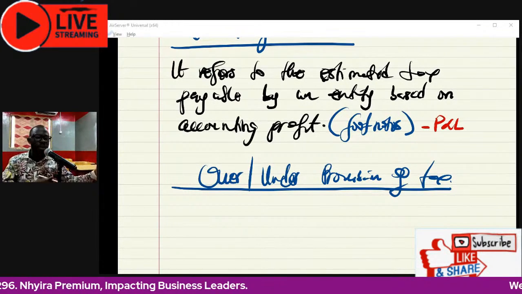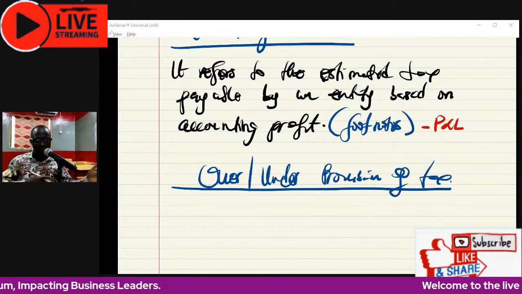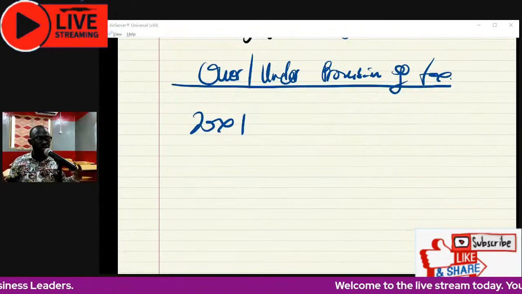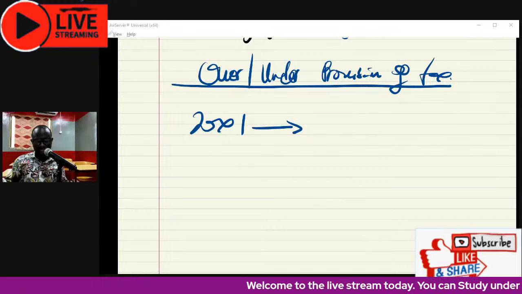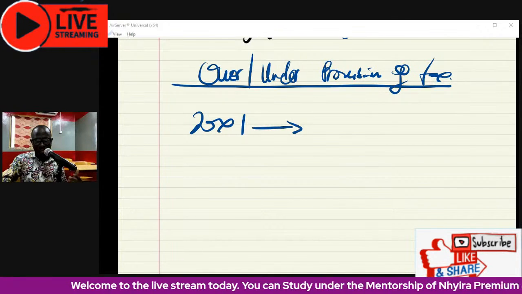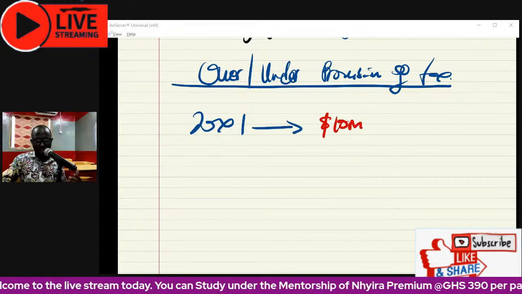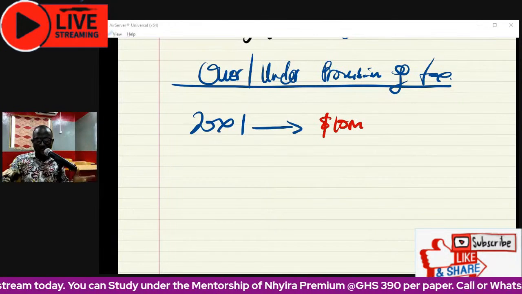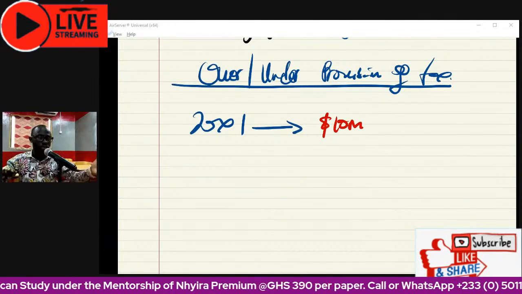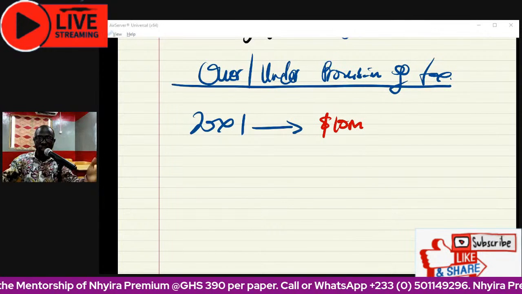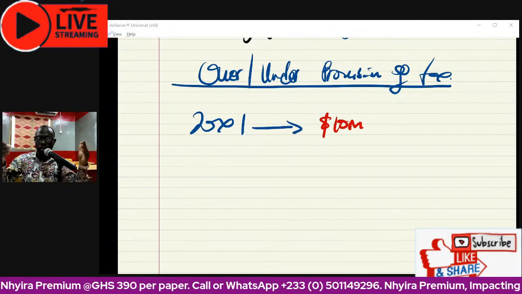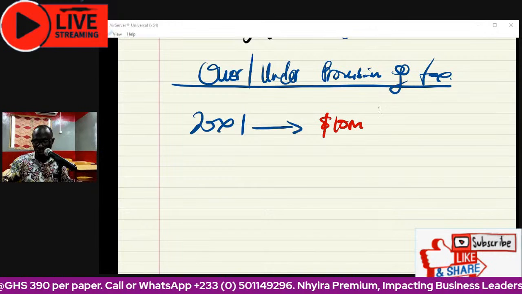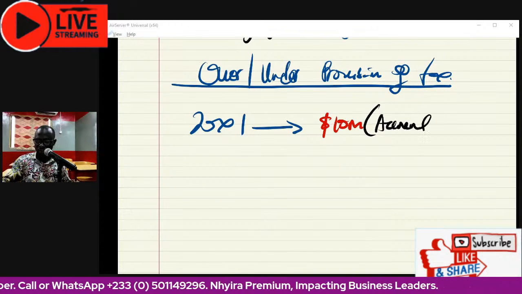So whilst preparing the financial statement for, say, 20x1, the entity will estimate that based on the 20x1 profit, we're going to pay a tax of, say, $10 million. Now, remember, that tax they expect to pay is usually based on accounting profit.